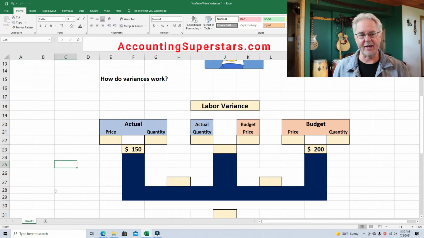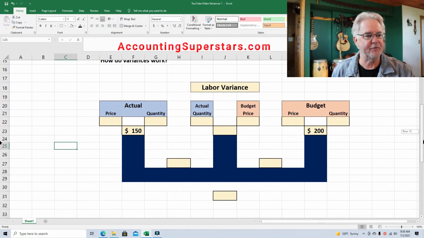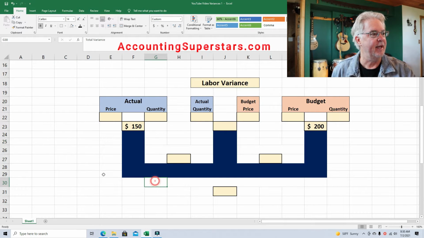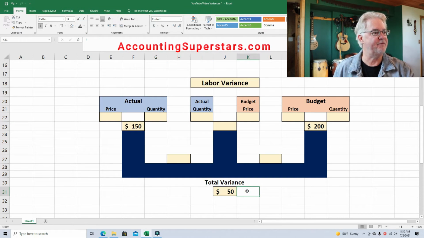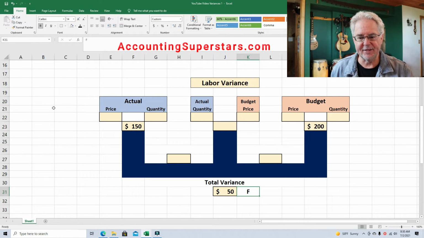So we think, great, we're under budget. What that means is that the total variance, and we can put that right down here, the total variance is $50, and I'm going to put F for favorable. This is one thing that I tease my students about.